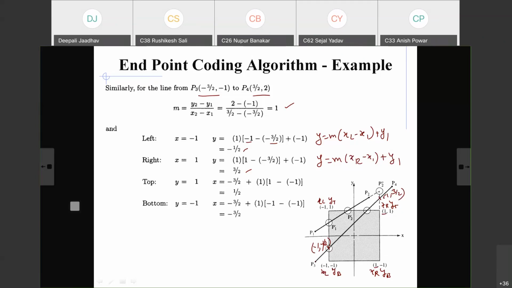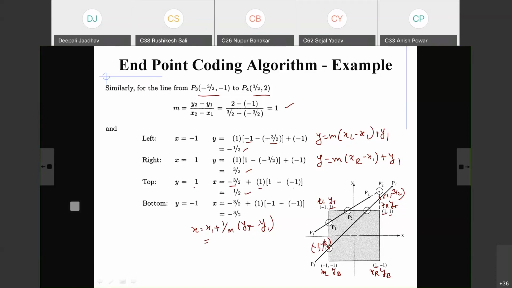Then top, y is equal to 1. For top, y is equal to 1. Again put the value in the equation. We calculate x. It is x1 plus 1 divided by m times (yt minus y1). So m is equal to 1, so the calculation becomes simple. x1 is minus 3 by 2, plus 1 minus minus 1... so 1 half.